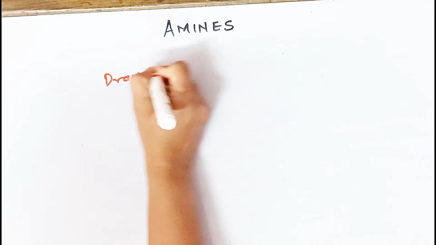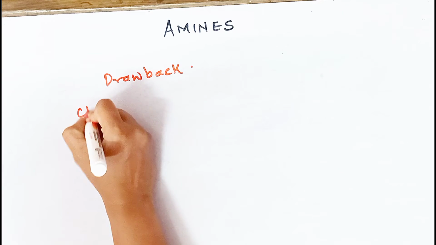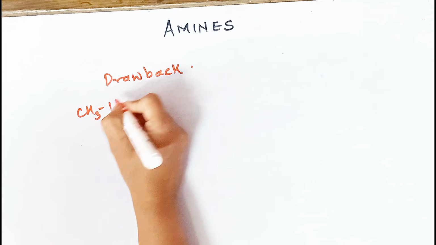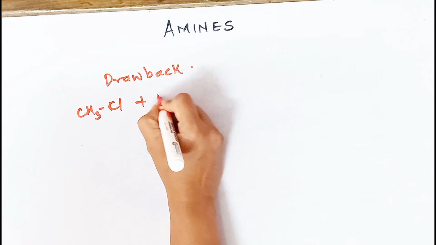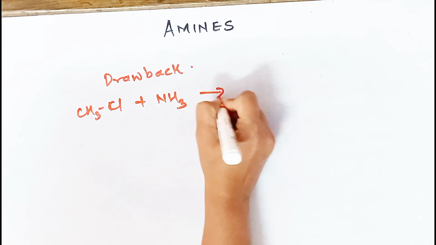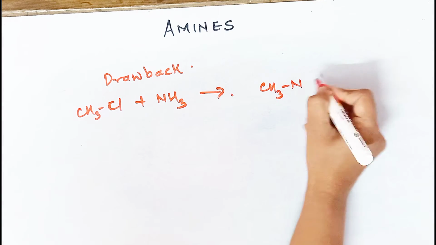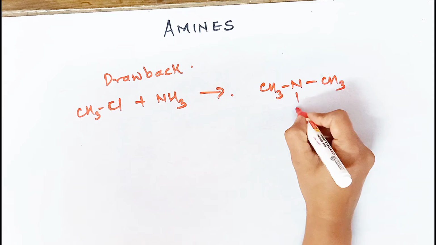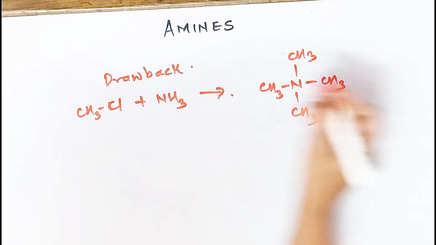So let's talk about the drawback of the previous method. If we use a primary amine, like for example, if I use an alkyl halide like CH3Cl and I start reacting it with NH3, what product was I getting in the end was CH3N, CH3, CH3, CH3 and Cl minus.